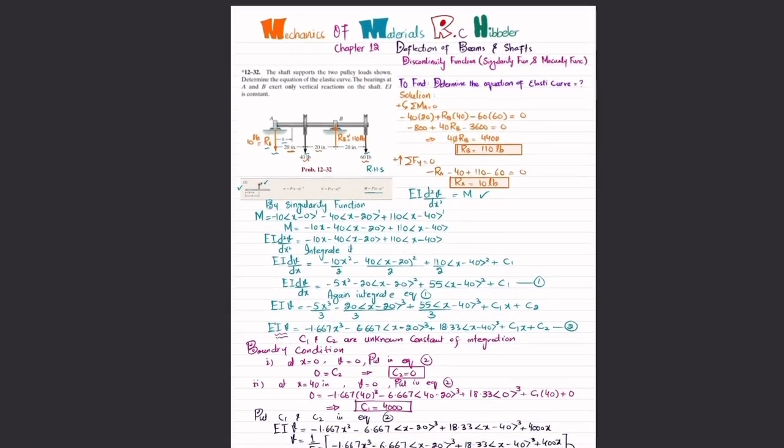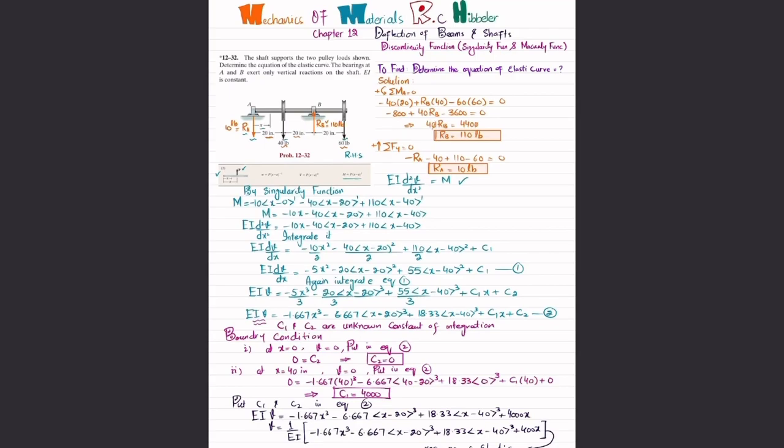So if you need deflection at this point, you can put the value of x at this point. At any length x, choose the value of x and put it in this equation, so you will get the deflection. And that was all about this problem 12-32.